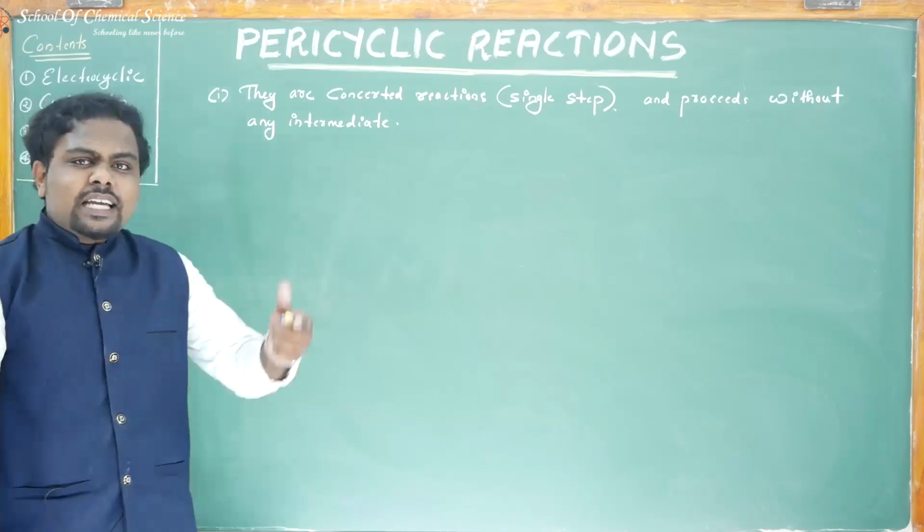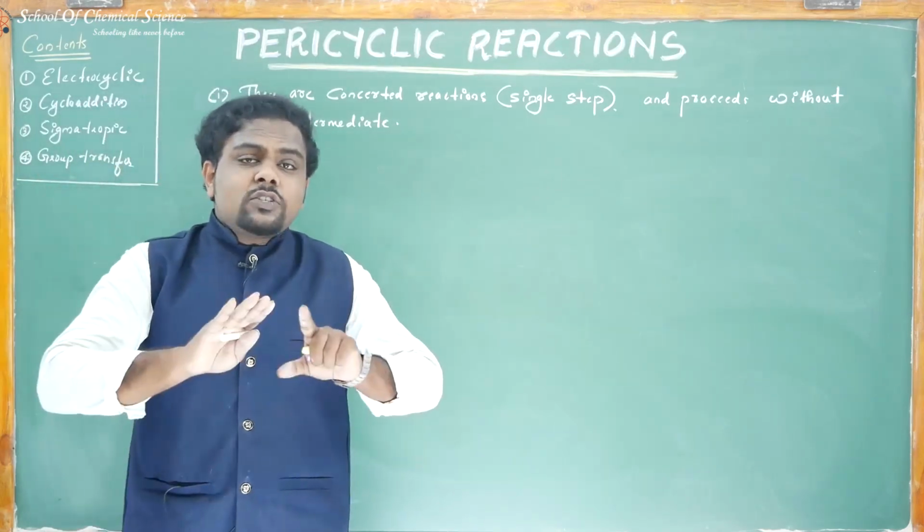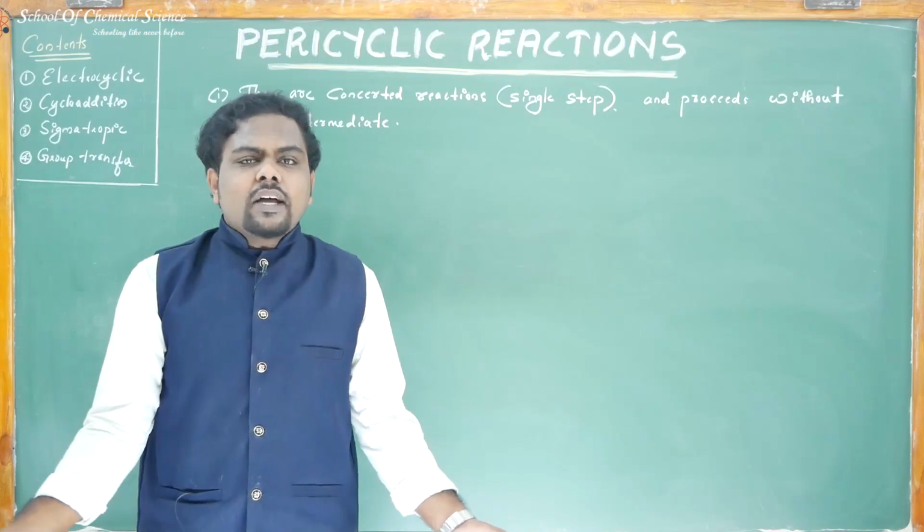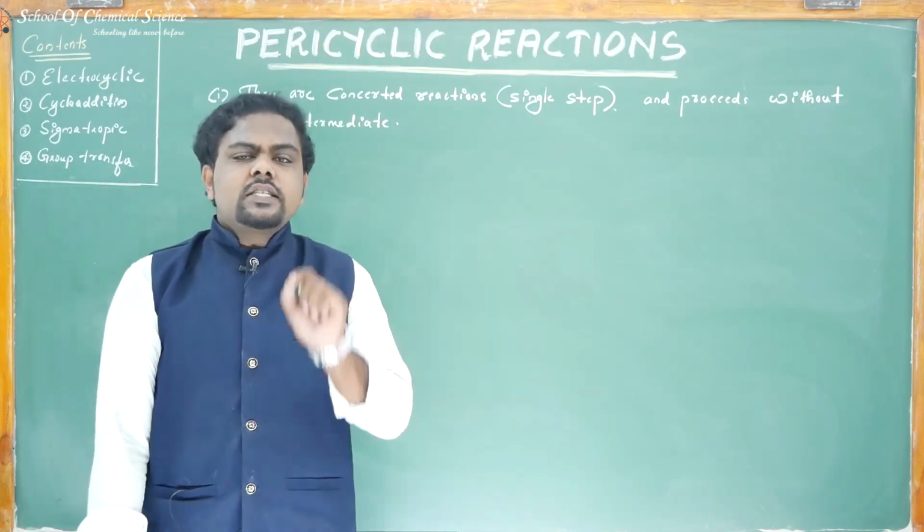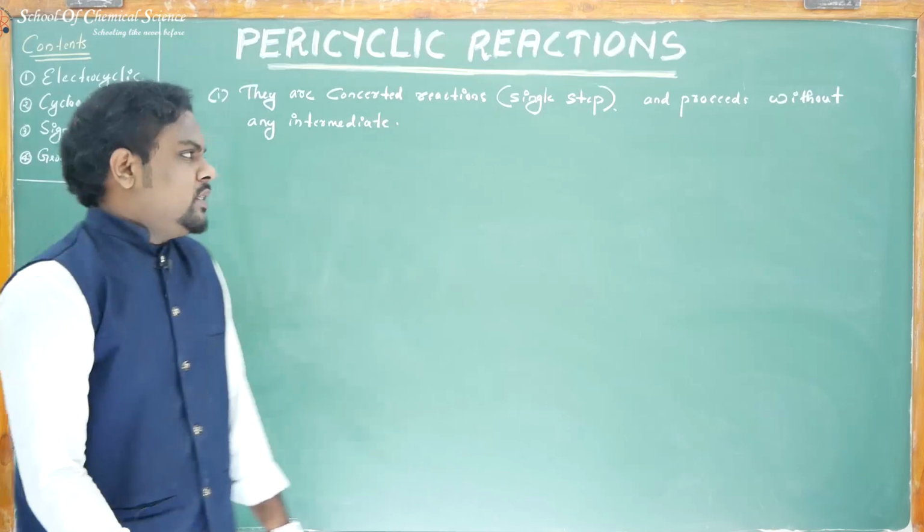So basically pericyclic reactions are single step reactions and there is no intermediate present like carbocation or carbanion. There is no intermediate, single step or concerted reaction.